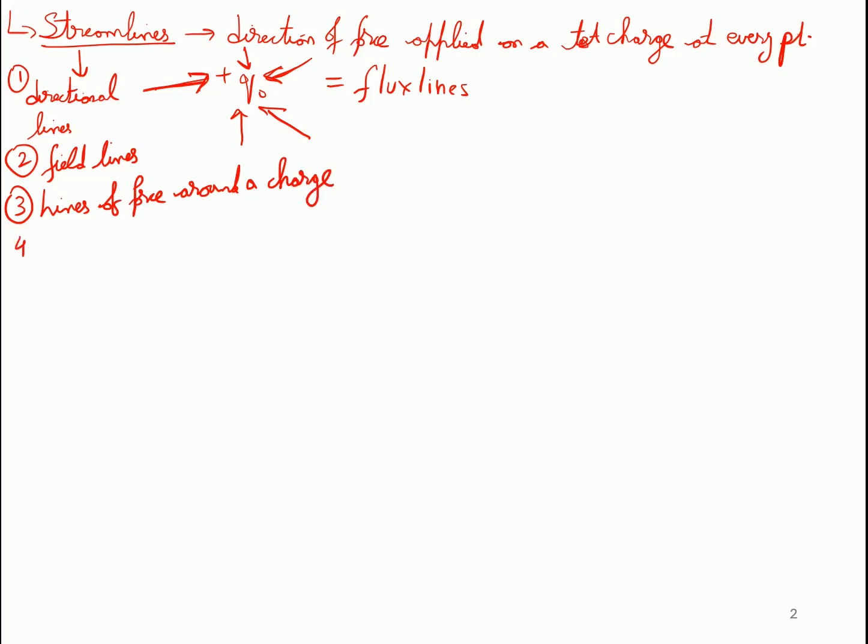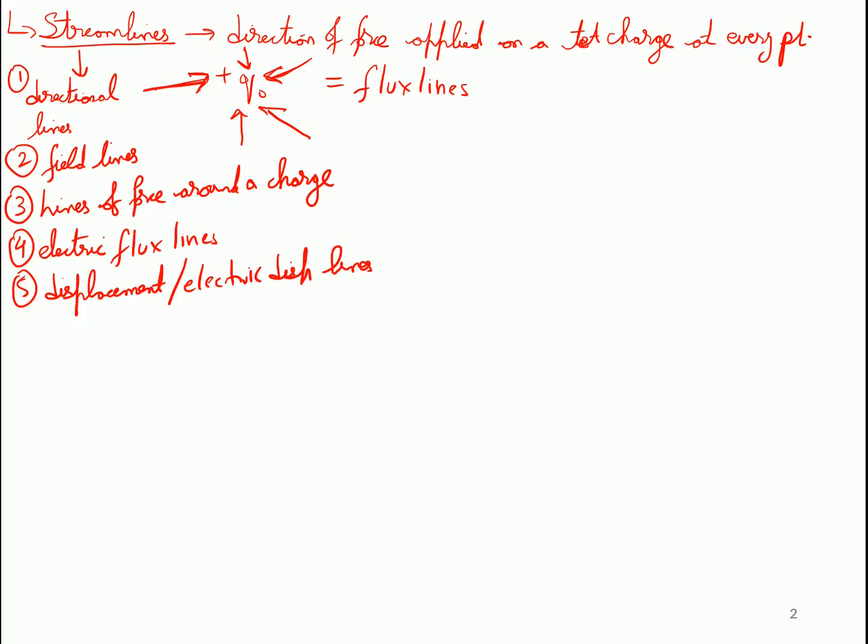They are also known as electric flux lines and also called displacement lines or sometimes electric displacement lines. So these are the different names associated with streamlines, which are basically the arrowheads or the directions showing us how the lines are moving to a certain test charge.